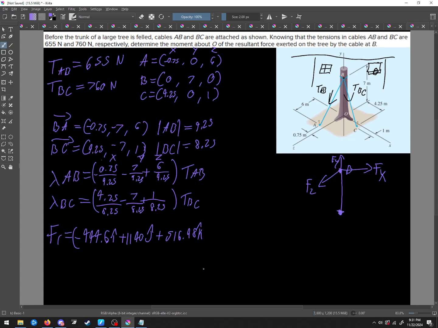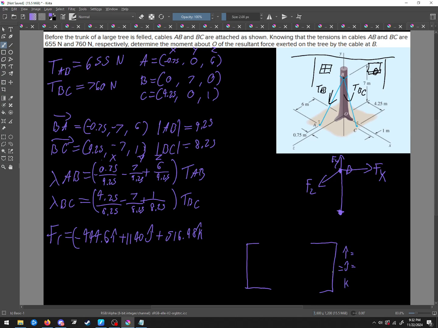Okay, wonderful, splendid. Now to do r cross f. It's not even close to enough space.